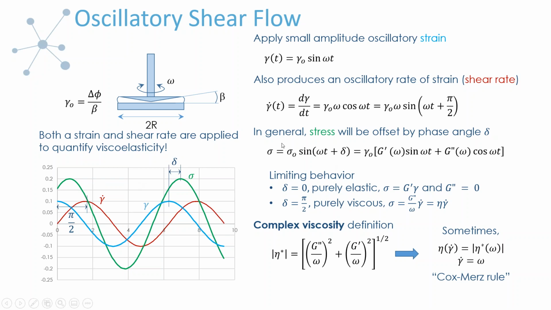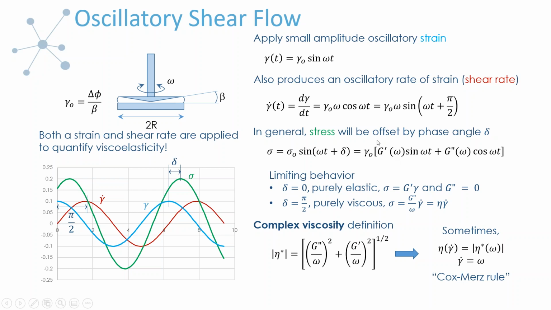Knowing the trigonometric identities, you can take this stress, which is out of phase with the strain by some angle delta, and express it in terms of the two trigonometric functions, sine and cosine. That means you can separate it into components, one being in phase with the strain and one being in phase with the rate of strain or shear rate. That's where we get these two moduli. That's how these two modulus values are defined.